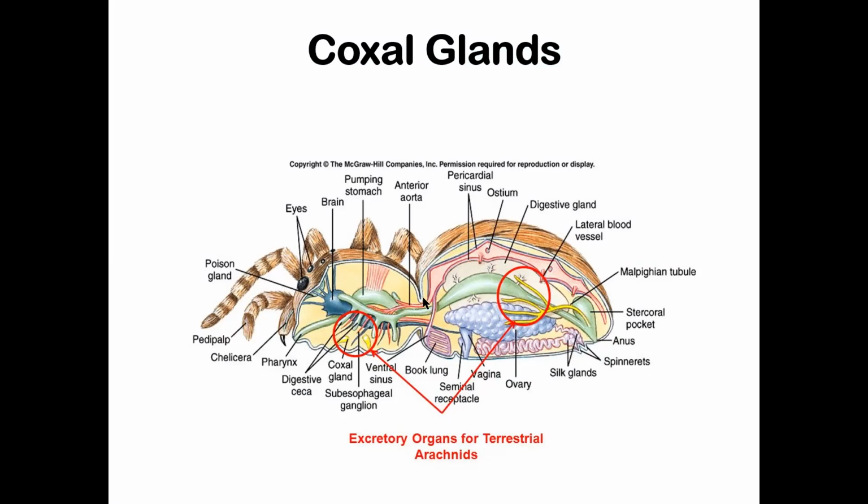And because it's a space here, they're able to just do an exchange of wastes and so on. So they work their way through, and they have an anus. So again, it's very basic, but much more advanced than the previous ones.